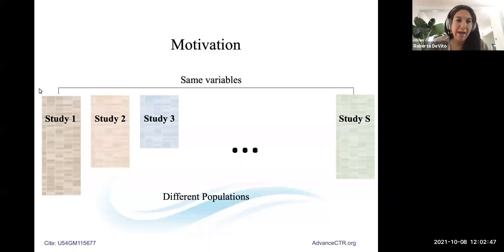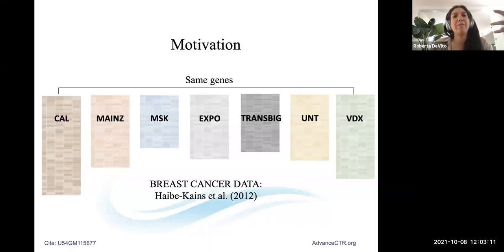Suppose that you have multiple studies, as you can see in this picture here, coming from different populations. In all of these populations you have, of course, different sample sizes, so different subjects in each population, but you can measure the same variables. Some examples could come from microarray gene expression data, where you have different populations, but you can measure the same gene expression across them.